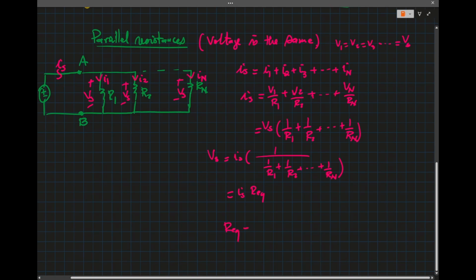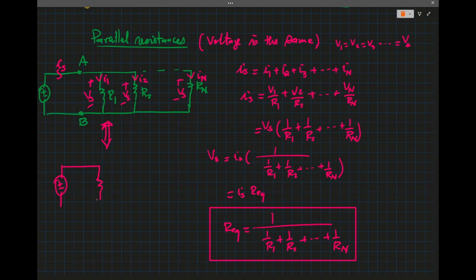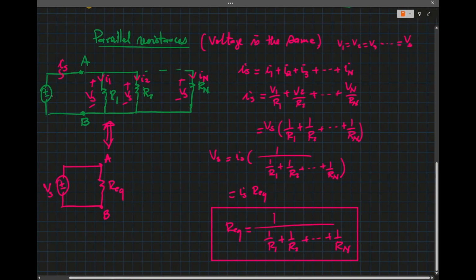So 1 over R equivalent is 1 over R1 plus 1 over R2 plus 1 over Rn. That's what we derived in our previous video. That means this network is equivalent to this network, with R equivalent connected to the voltage source between A and B, and this is Vs.